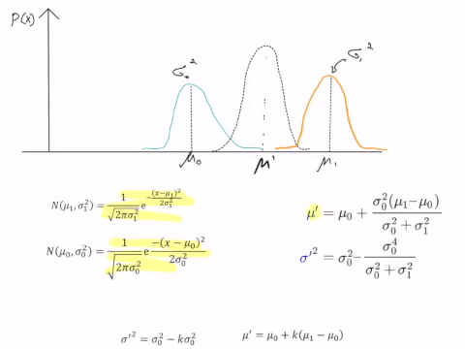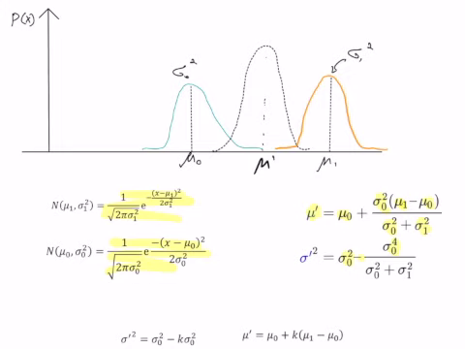So the new mu, the new mean, will be expressed as mu0 plus sigma 0 square times (mu1 minus mu0) divided by (sigma 0 square plus sigma 1 square). And the new variance, the new uncertainty, will be sigma 0 square minus sigma 0 to the power of 4 divided by (sigma 0 square plus sigma 1 square).